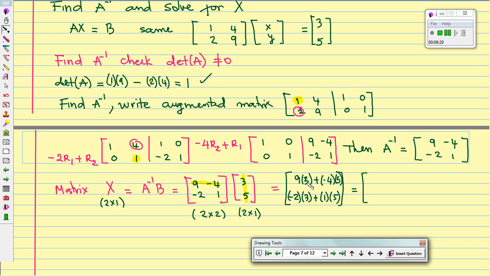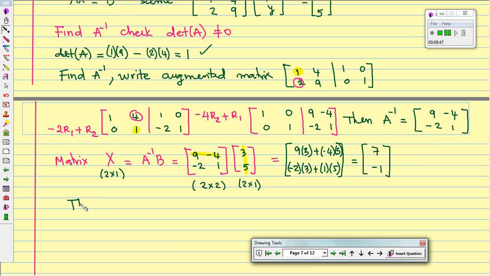Let's simplify this matrix. 9 times 3 is 27, minus 20 should be 7. -6 plus 5 is -1.